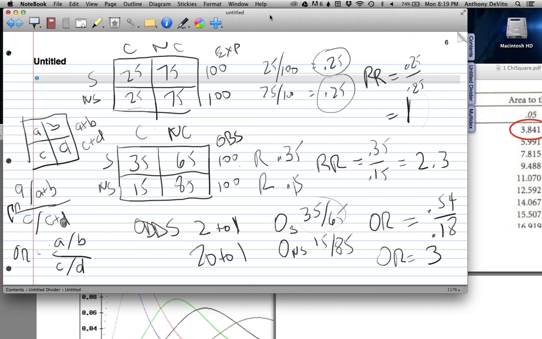The confidence interval for the relative risk or for the odds ratio gives you the justification for rejecting the null hypothesis. Because if you can say with 95% confidence that the relative risk is more than 1, then the chance that it is 1 is less than 5%. So there's less than a 5% chance you'd be wrong if you say there's an association, reject the null hypothesis.